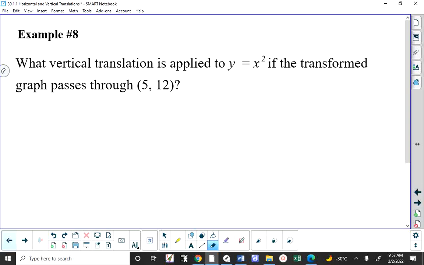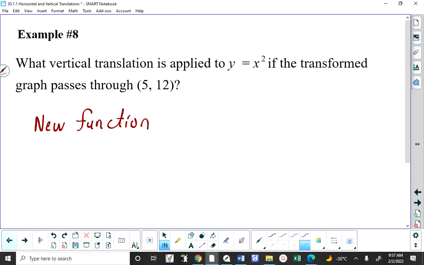What you need to do is understand that the new function is y is equal to f of x plus k, because there's a vertical translation. It doesn't say there's a horizontal translation, so we're going to assume there isn't. It says what vertical translation is applied to it.